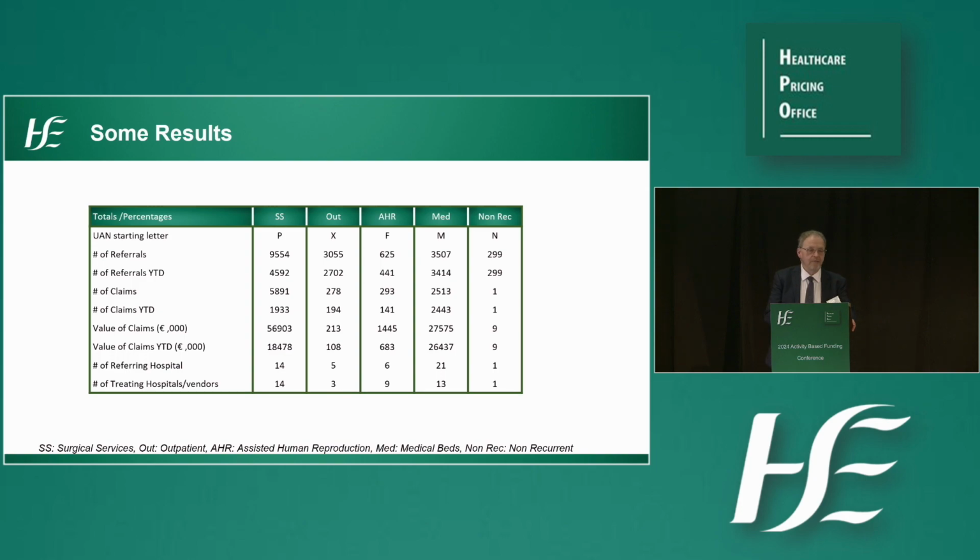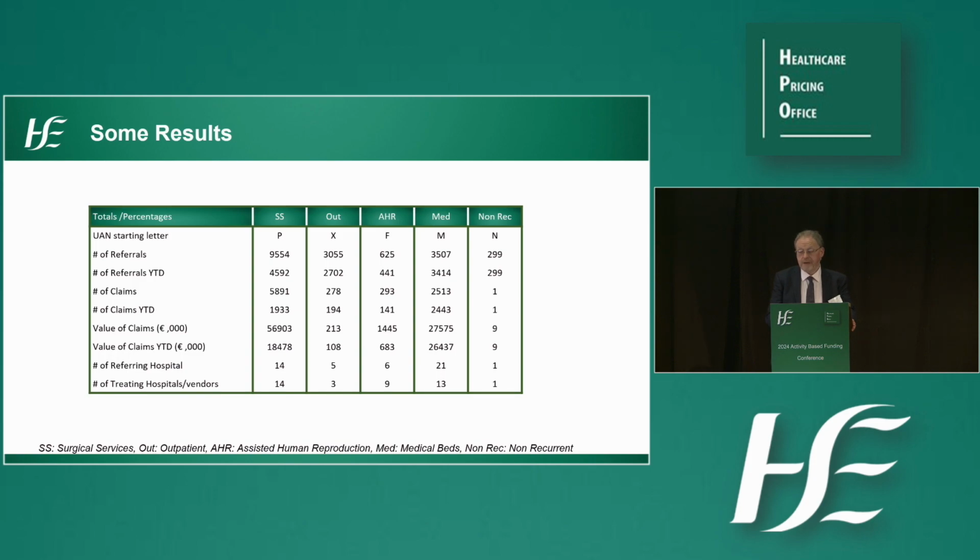Overall, we've spent nearly 57 million on surgical services. So that's 57 million spent on patients being taken off the waiting list and clearing the waiting list. And they're the long waiters as well. They're the ones we really want to try and get off the waiting list. And it just gives you the number of referring hospitals at the bottom.